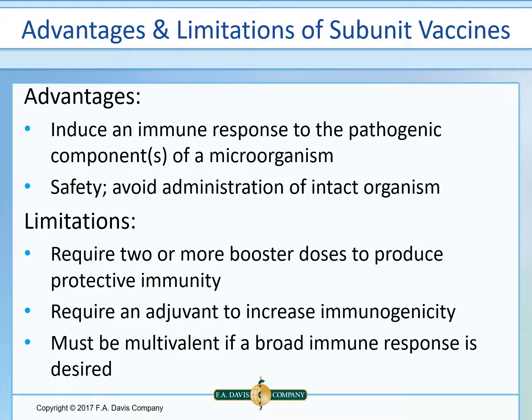Limitations include the fact that they require 2 or more booster doses to produce protective immunity, and they require an adjuvant to increase immunogenicity. Subunit vaccines also need to be multivalent or polyvalent, so they're designed to immunize against 2 or more strains of the same microorganism or against 2 or more microorganisms, so they produce a broad immune response.